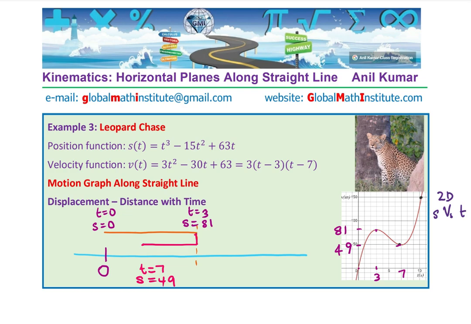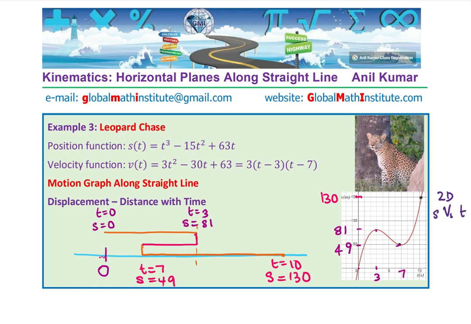It again turns and goes in forward direction and reaches somewhere here, which is at t equals 10 net displacement. Distance from the reference point O is 130, right? That was the maximum distance.